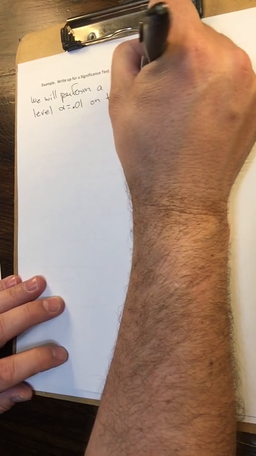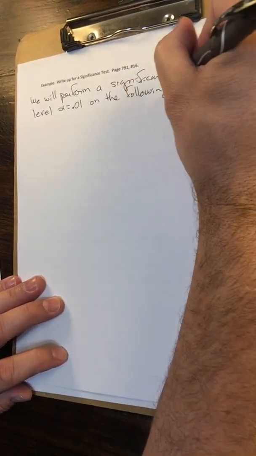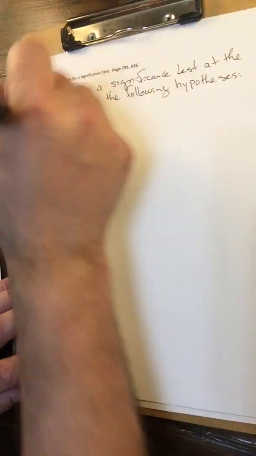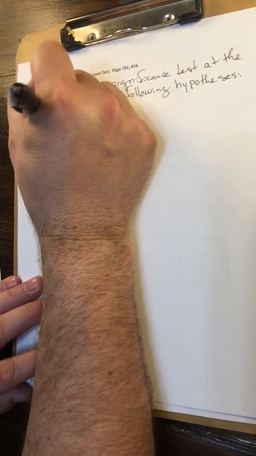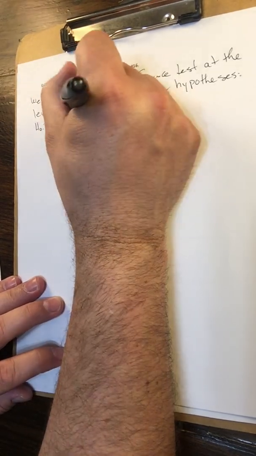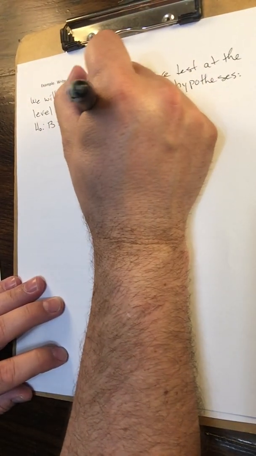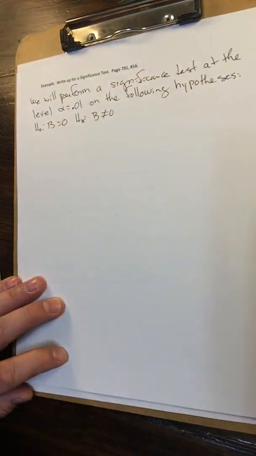Now I didn't start with a population, I'm just saying what I'm doing, and then I'll get back to it. The H0 is that b is equal to 0, and if you read that problem carefully, the Ha just says it's wondering if it's different. So this is actually going to be b is not equal to 0.